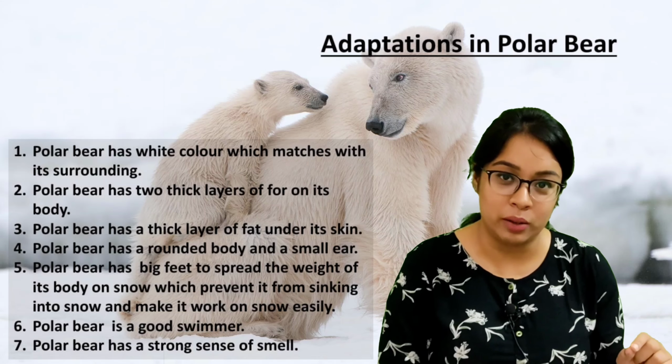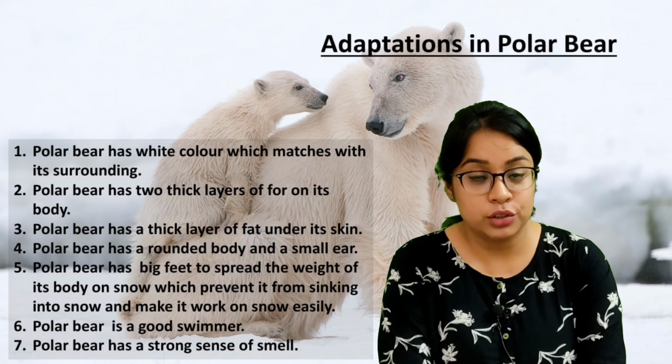Whenever we think about poles, we think about polar bear, penguin, walrus, and in this video we will learn about the adaptation of polar bear and penguin. We will learn what special body features they have developed in order to survive in that particular harsh environmental condition. Let's start with the polar bear.